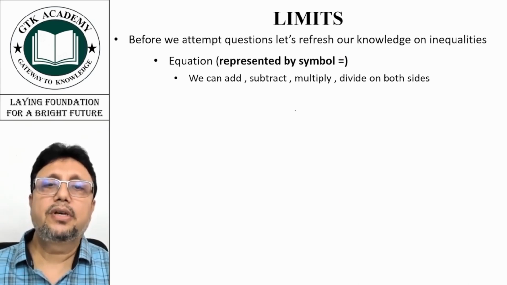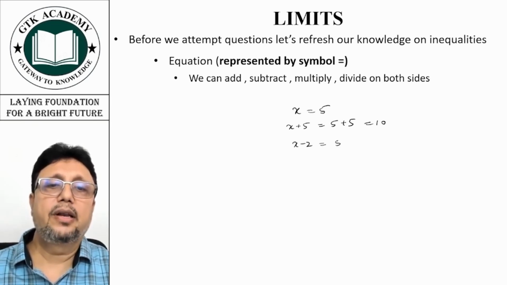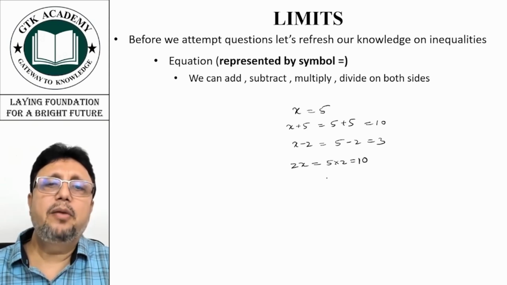Take a very simple equation, x is equal to 5. You can add anything: x plus 5 is equal to 5 plus 5, which is 10. You can subtract anything: x minus 2 is equal to 5 minus 2, which is 3. You can multiply by anything: 2x is equal to 5 into 2, which is 10. You can divide by anything.